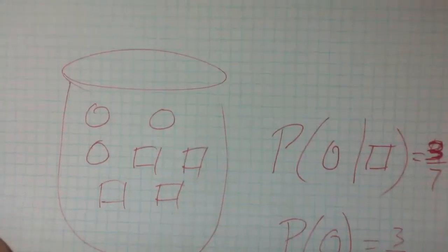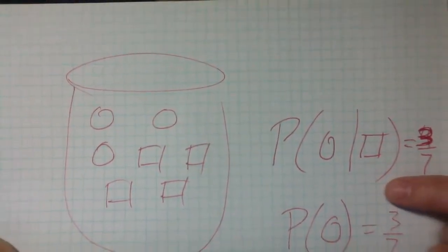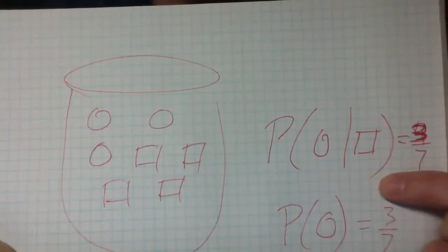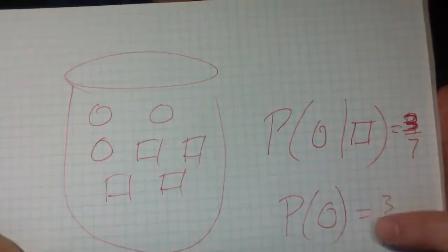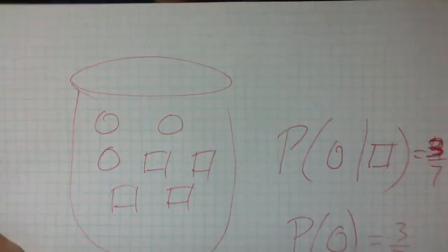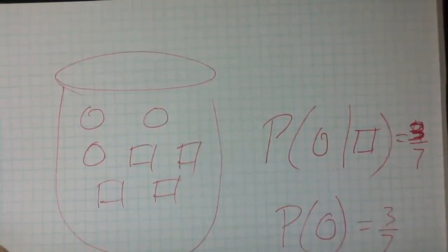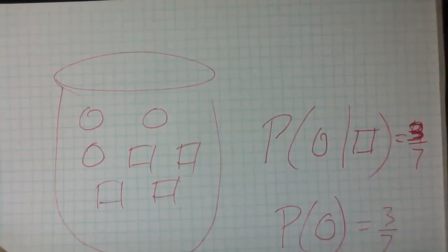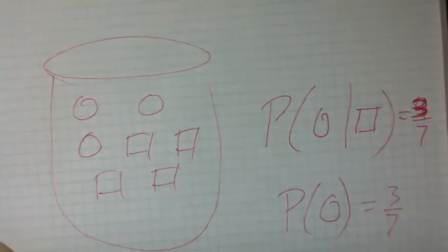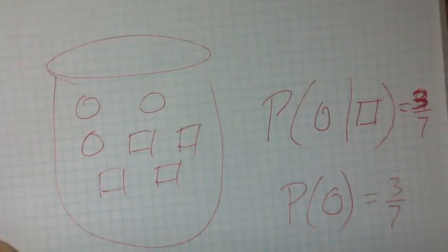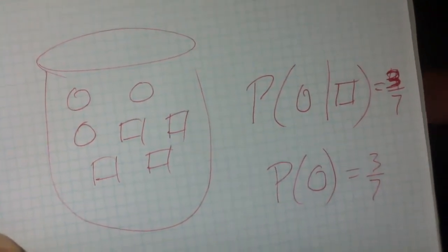If those two probabilities match, the probability of drawing out a circle and the probability of drawing out a circle given you've pulled out a square on your first try, if those two things match, then the events of drawing out a square with replacement and the event drawing out a circle are independent. If the probabilities match, then you have independence. If the probabilities change, then you have dependence.